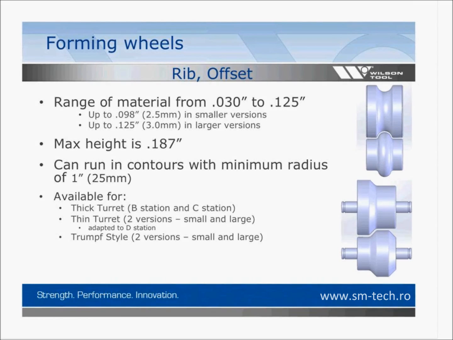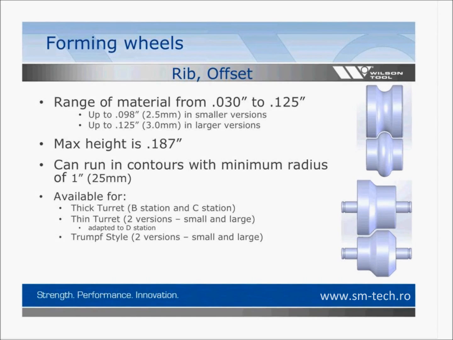I'm going to talk a little bit more, though, first about the range of materials, from 030 on the thin end up to an 1/8 inch material on the thicker end. And it says on the screen 098 max thickness in smaller versions and up to 1/8 inch in larger versions.